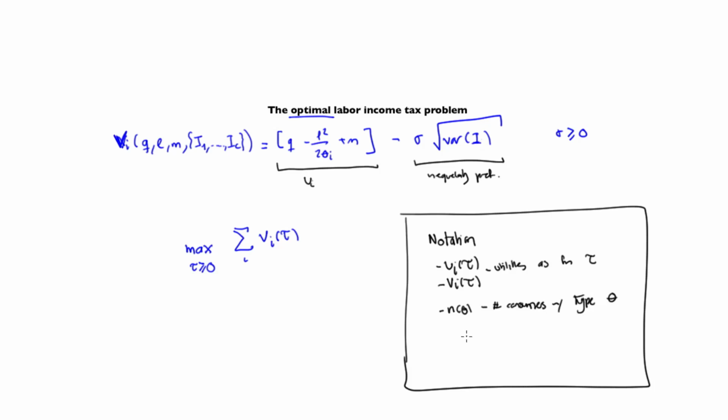It could be 0, it could be a positive integer. And I'm going to write by I_theta of tau the income after tax, or the total income after tax, of a type theta, as a function of the tax. This is really going to simplify the notation in a second.